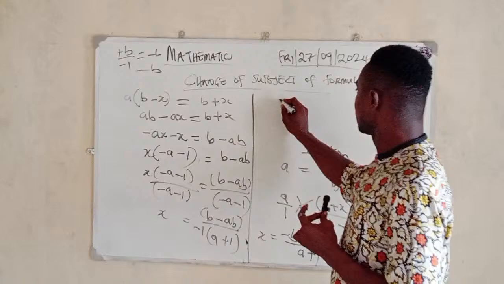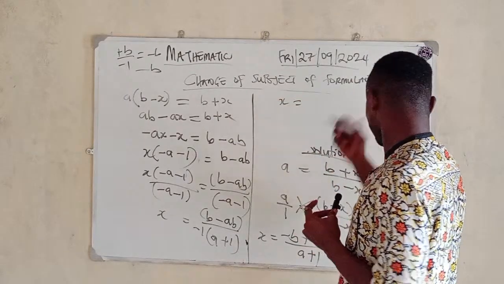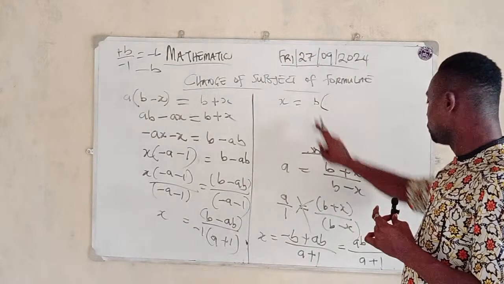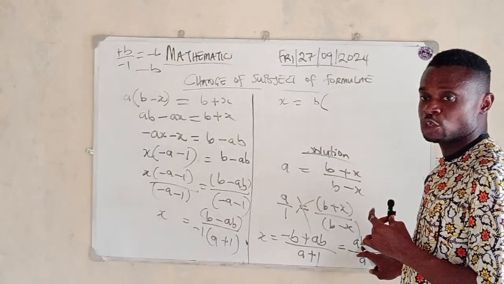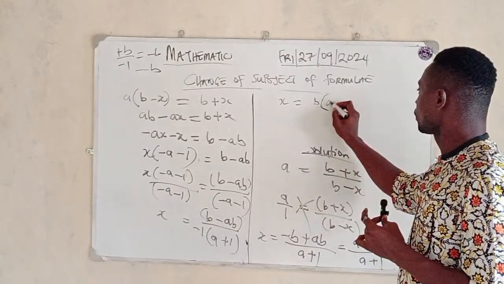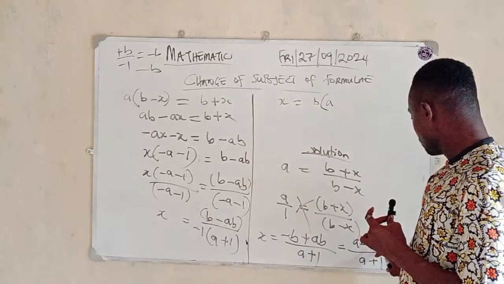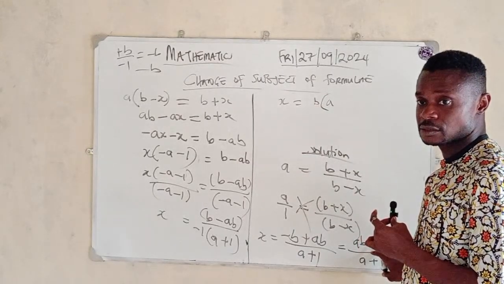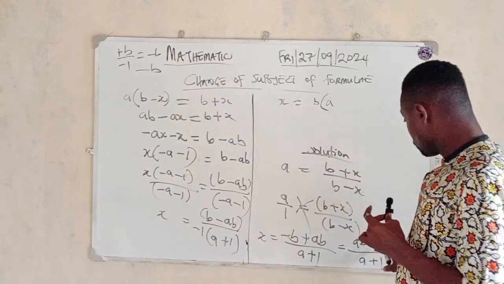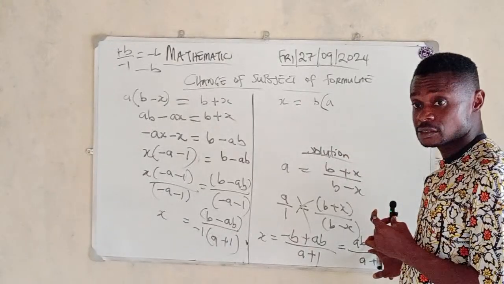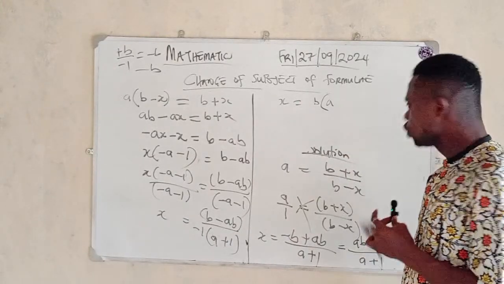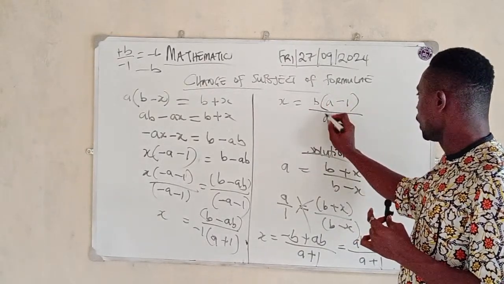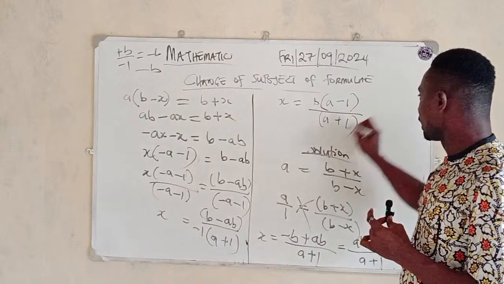So x is now equal to b times, use this b to divide ab. What remains? A. Then use the same b to divide minus b. What remains? Minus 1, over A plus 1. This is the final answer.